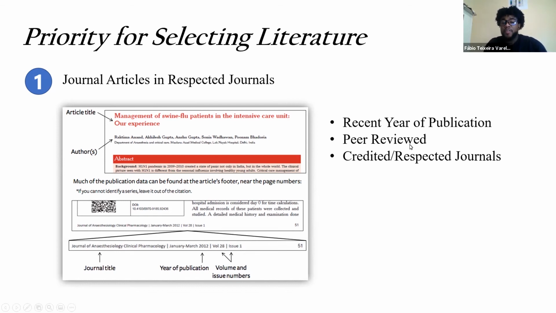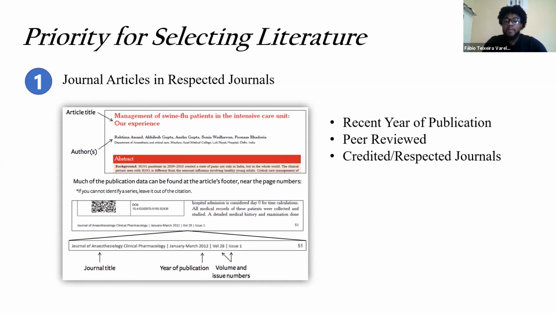Peer-reviewed documents are documents that have been reviewed by many researchers. For example, when I work on my paper to publish, several experts will look at my paper and analyze it so that it has more credibility.